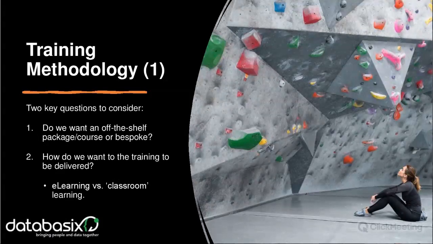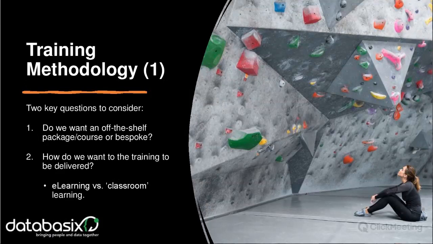So I'm going to talk to you about a methodology that you might want to consider. At the very basic, budget is going to be a key defining point for everybody on this webinar or anyone that listens afterwards. Off the shelf e-learning courses are by far the most cost effective method of rolling out fundamental data protection training to all your staff.